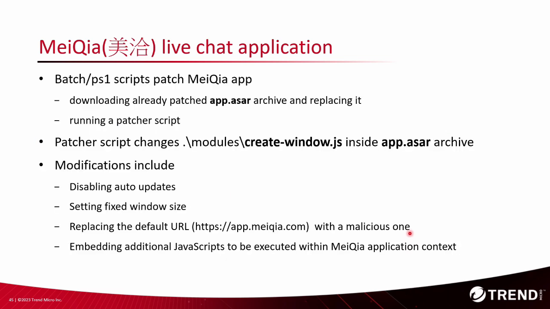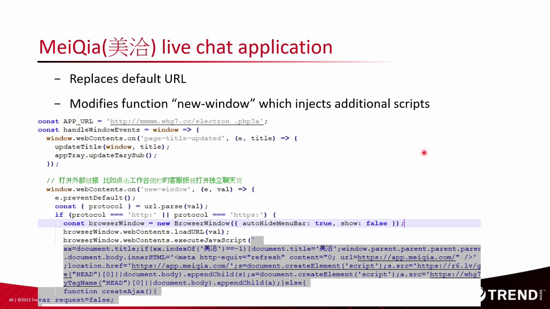So what are these scripts? As I showed before, these scripts patching the application either replace the app.asar archive or replace smaller parts of the code. In this case, there was a file called create-window.js inside the app.asar archive, and in this file we noticed a few interesting modifications. One of them was a strange, suspicious URL address.